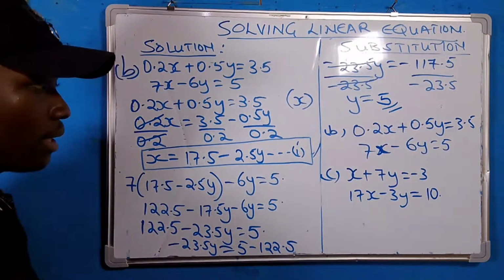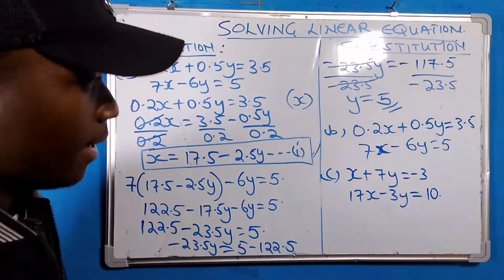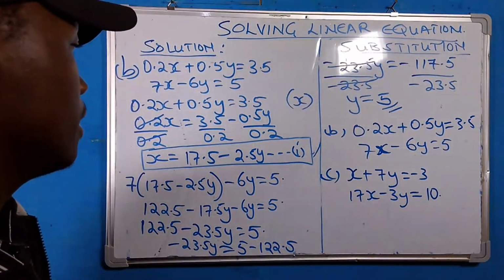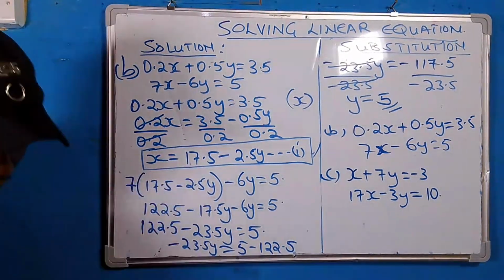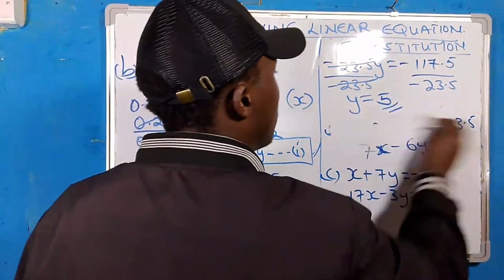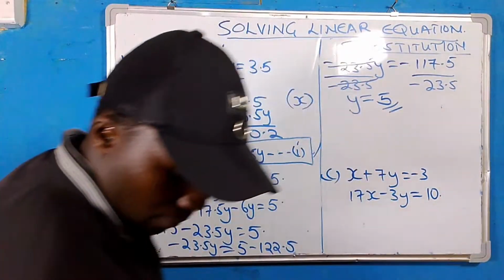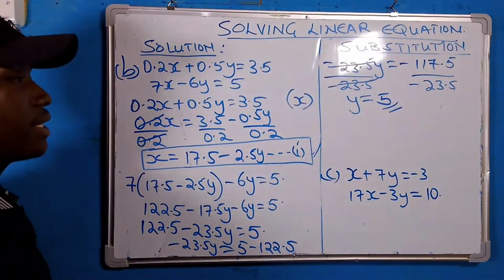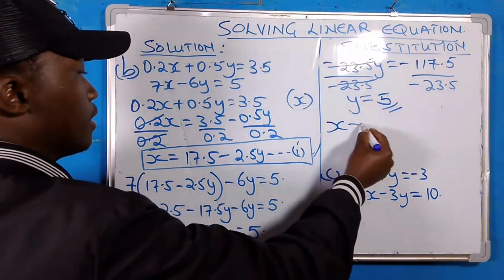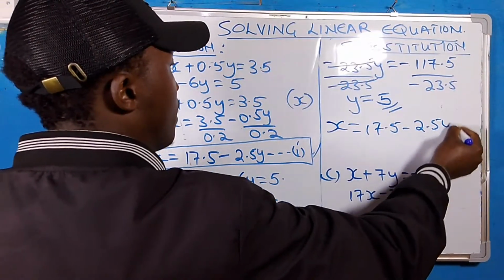Once we get y as 5, we can now get x. For that, we use the equation x is equal to 17.5 minus 2.5y.